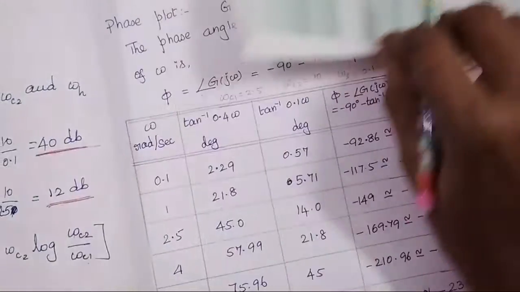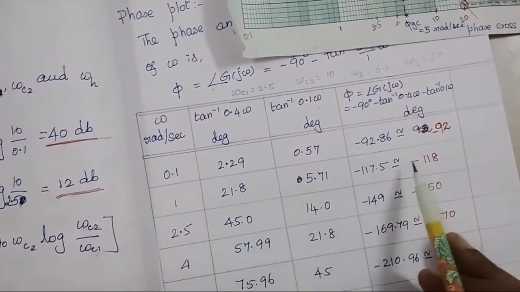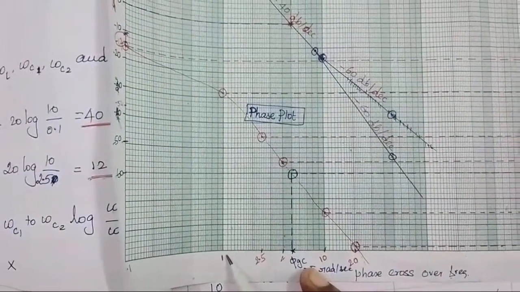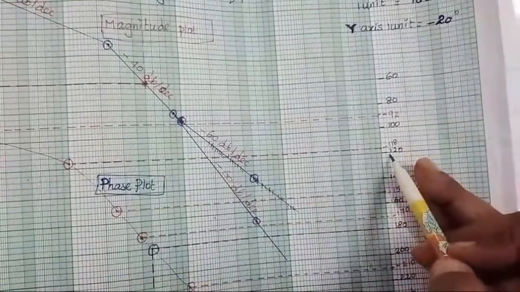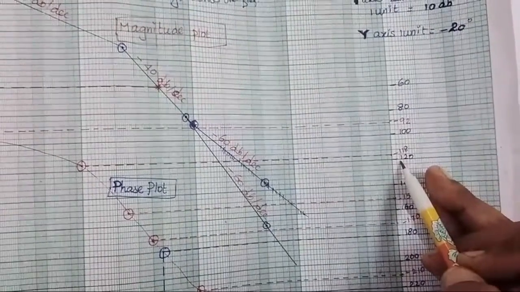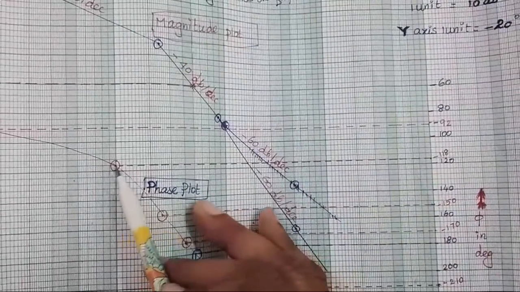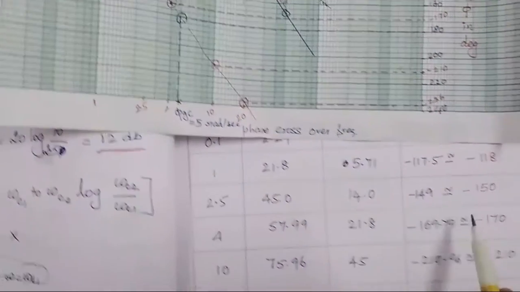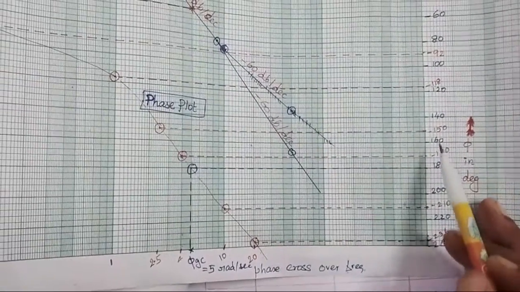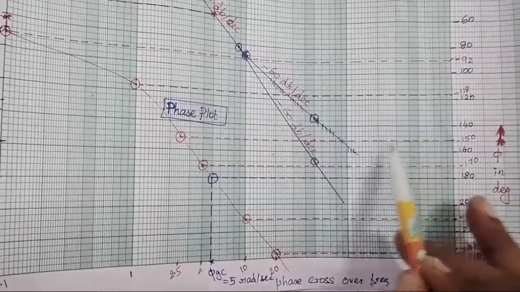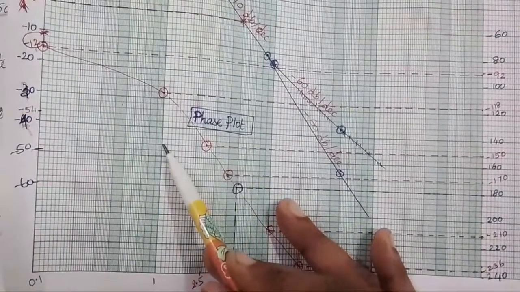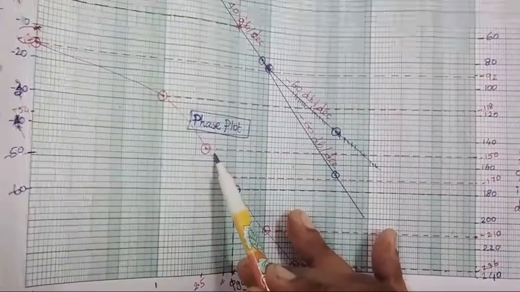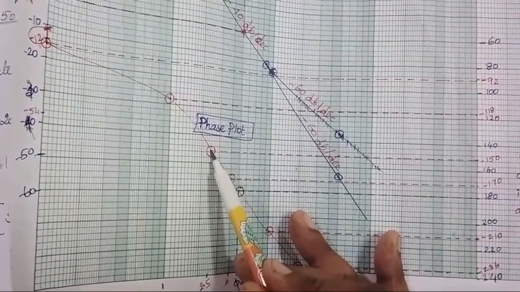Similarly, for the next value, 1 and minus 118. Where is the 1 value? Here. Where is minus 118? Just above minus 120. And the third point is 2.5 and minus 150. Here is 1, this is 2 and this is 3, so in between is 2.5.